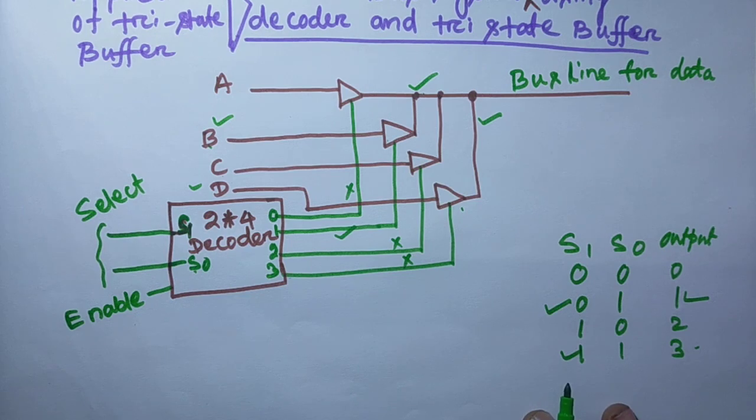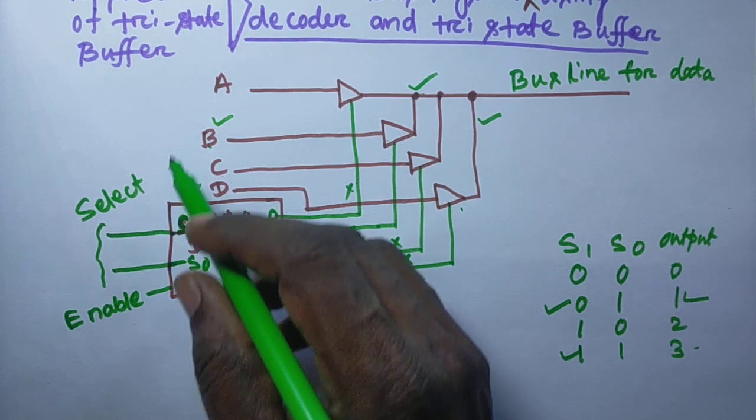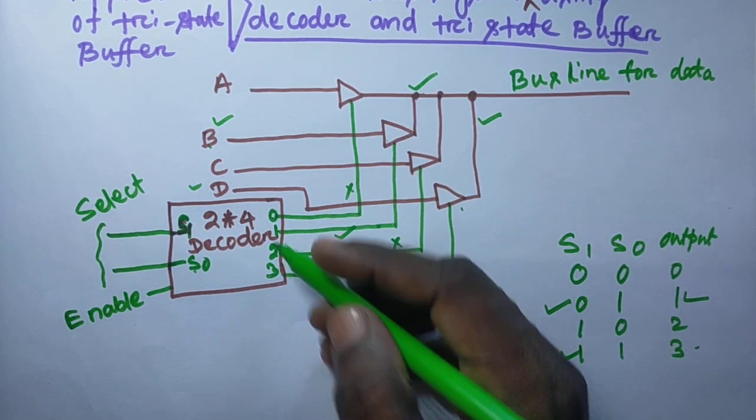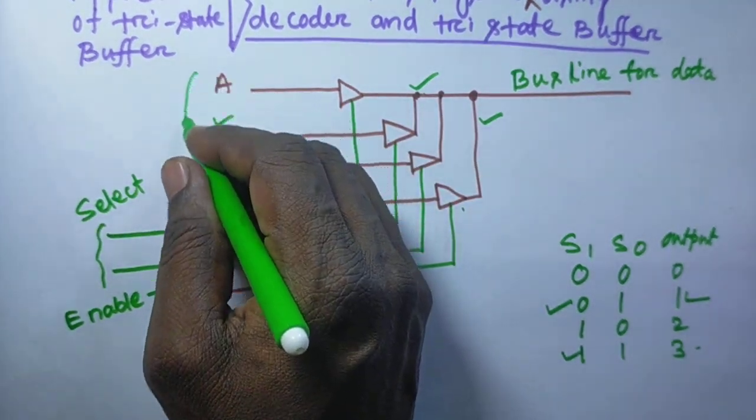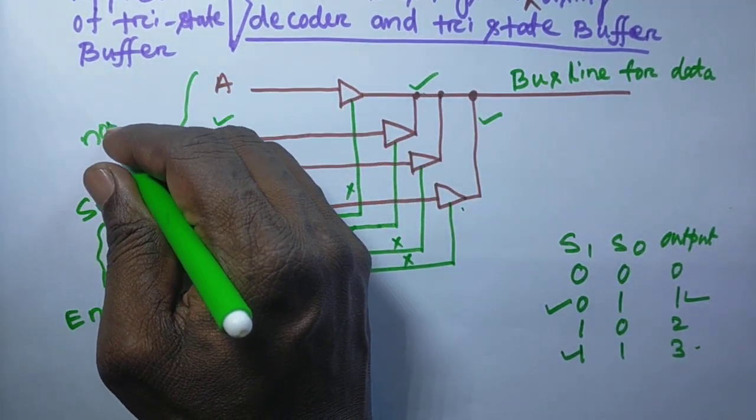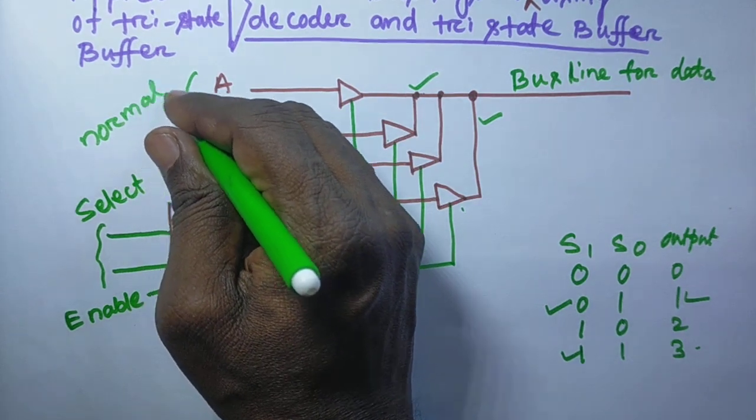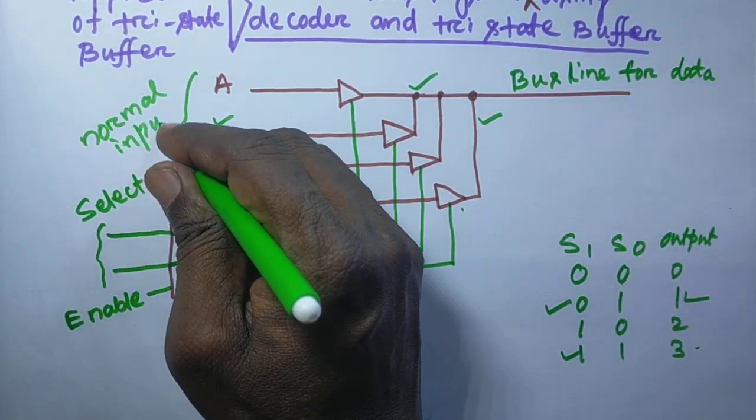Okay, but here is some question. Everything is connected, which is the register. These are the inputs, the normal inputs.